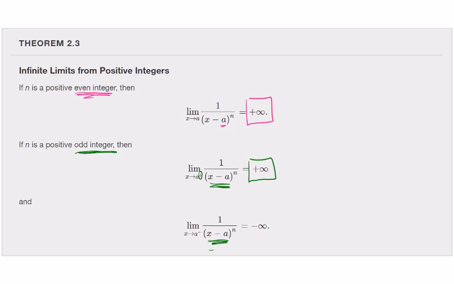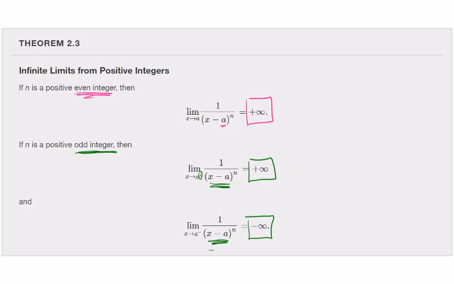And so when you do 1 divided by a number that's negative and getting closer to 0, the output will approach negative infinity, okay? All right, so when these exponents are odd, then it depends on what side you're coming from. If you're coming from the positive side, you'll approach positive infinity. If you're coming from the negative side, you'll approach negative infinity, okay?